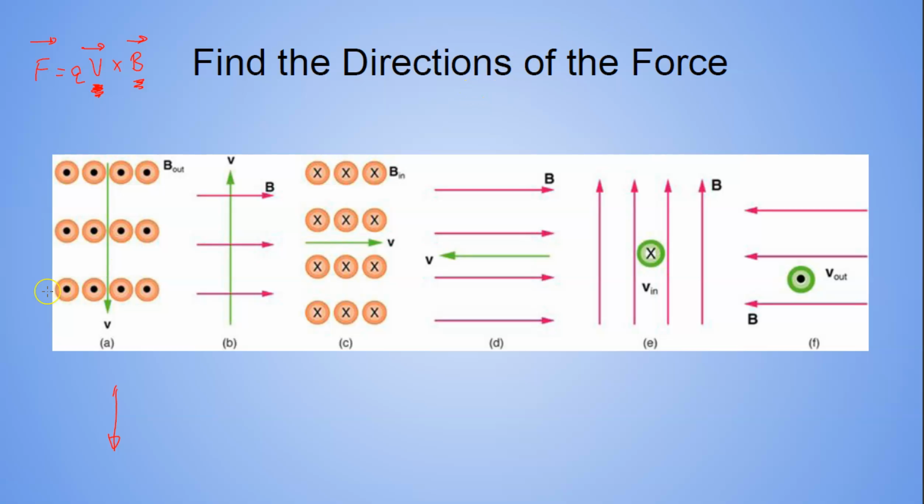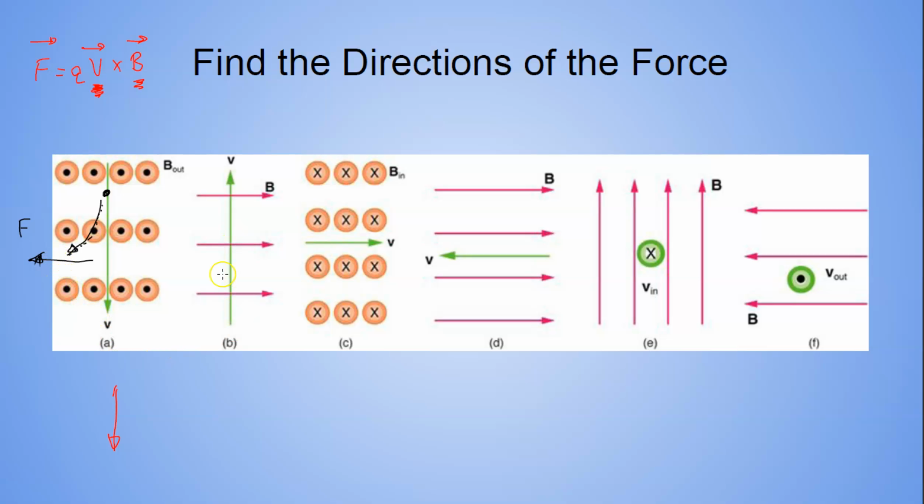So I'm going to come in here and draw the force this way. All right. If I had a charged particle right here that were moving in the direction of V, it would experience a force to the left, and it would take a path something like that. The force would divert it, bend it away from the green line, and it's going to go that way.